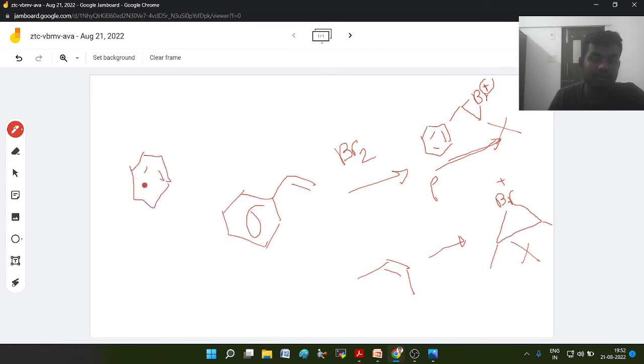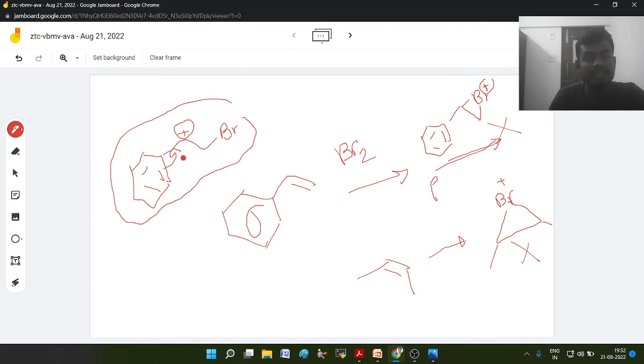So here, rather than forming that one, it will form a carbocation here. Now see, the carbocation is directly involved with the benzene ring. So electron flows from the benzene ring to this center.